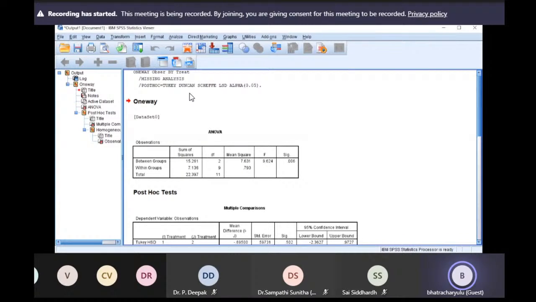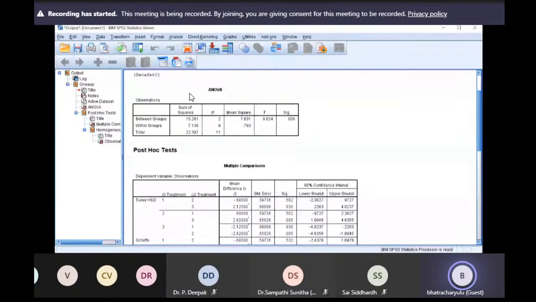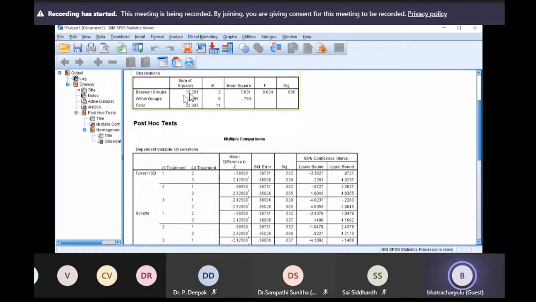So you are getting the output like this. Scroll it and show. This is the analysis of variance, one-way classification ANOVA table, with between groups and within groups. Within group is nothing but error, and between groups means between the treatments. The degrees of freedom is 2 because I had taken 3 treatments, so 3 minus 1.